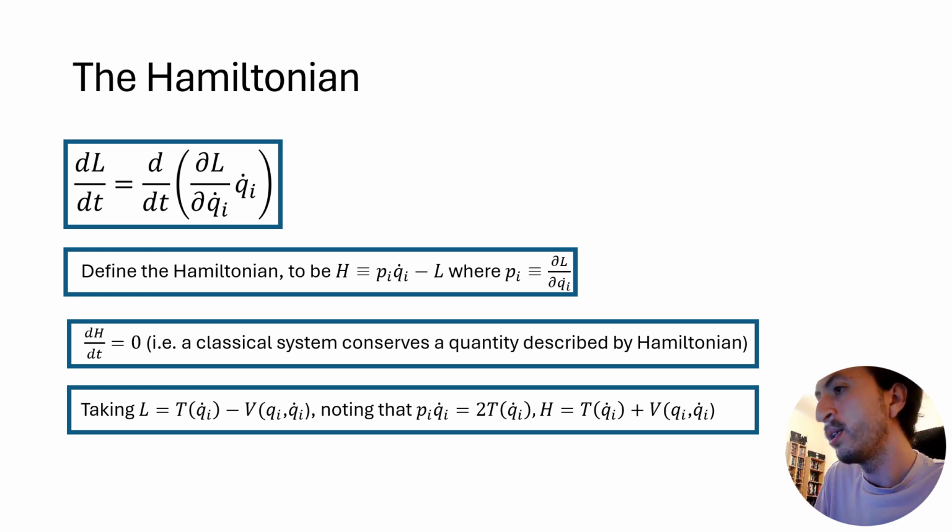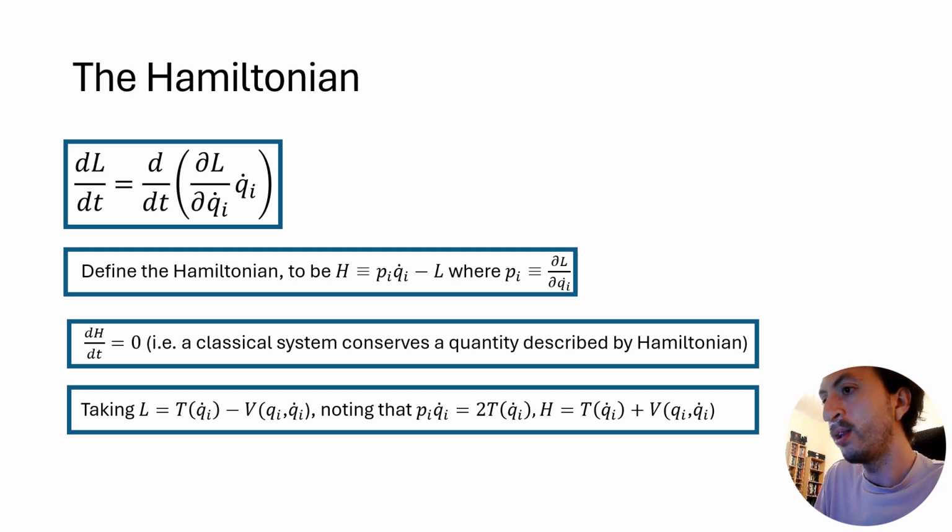So in terms of usual coordinates, generalized momentum times generalized velocity is just going to be mass times velocity squared, which is twice the kinetic energy of a particle. And so the first bit in our definition of the Hamiltonian is just equal to twice the kinetic energy of a particle, and to get the Hamiltonian we have to take away the Lagrangian from this.